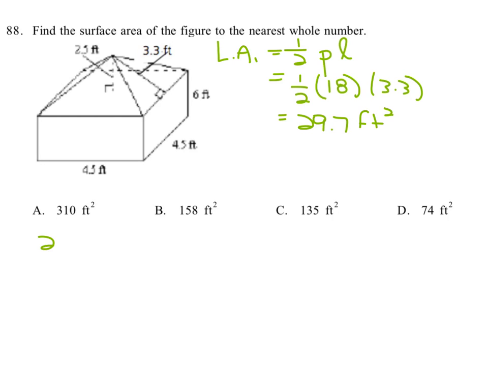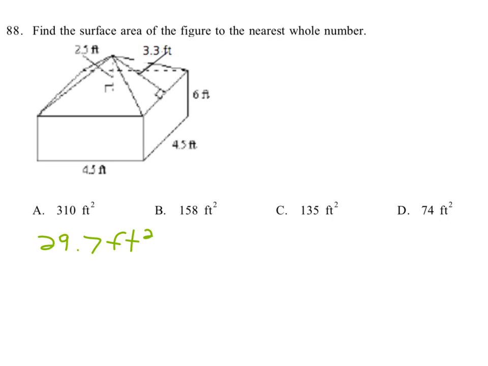So I'm going to store that down here, 29.7 feet squared. And that will be the pyramid's surfaces right there. I'll box them out so you can see. In green, that's what we're finding.